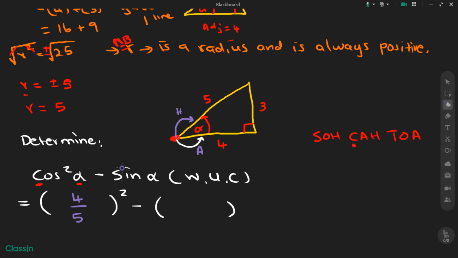Now you come to this one. This one says sine alpha. Now we go and check sine. Sine is opposite over hypotenuse. The opposite side is the side far from where you are.